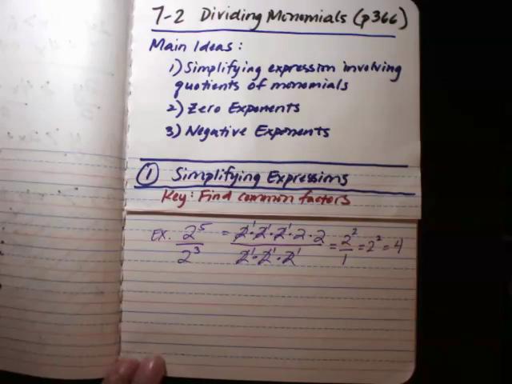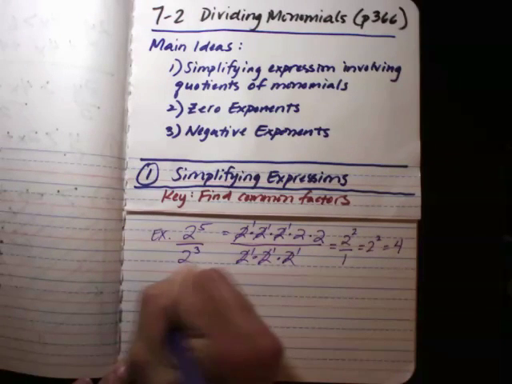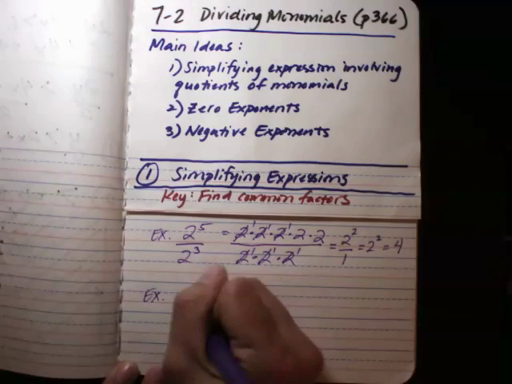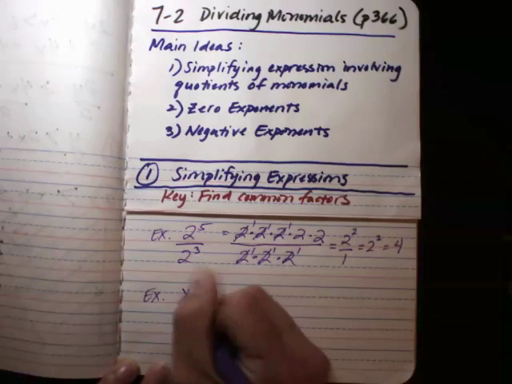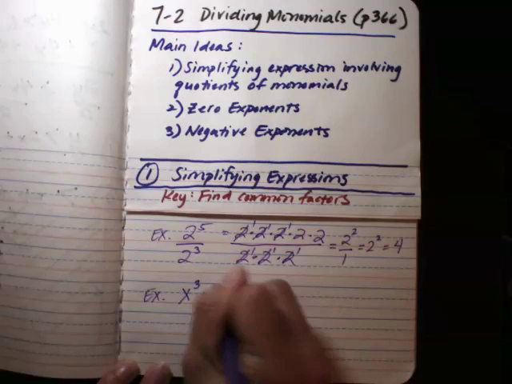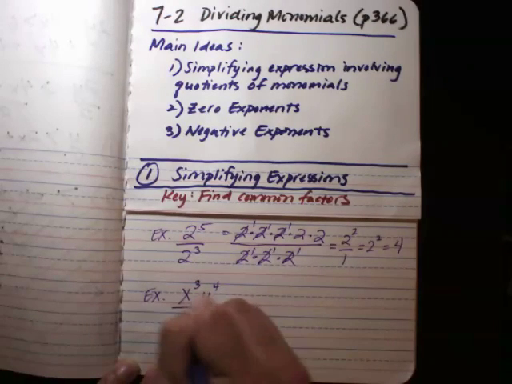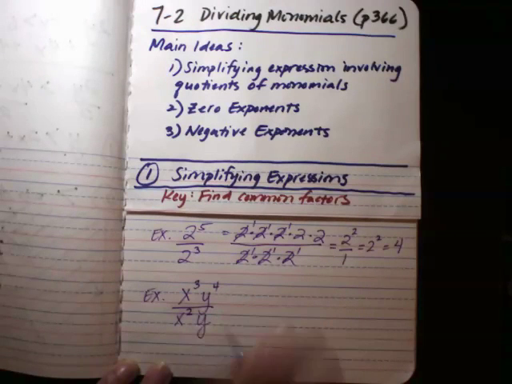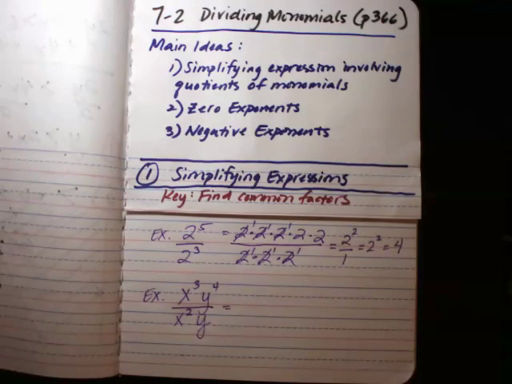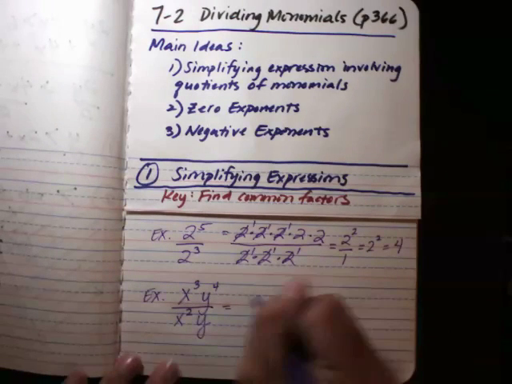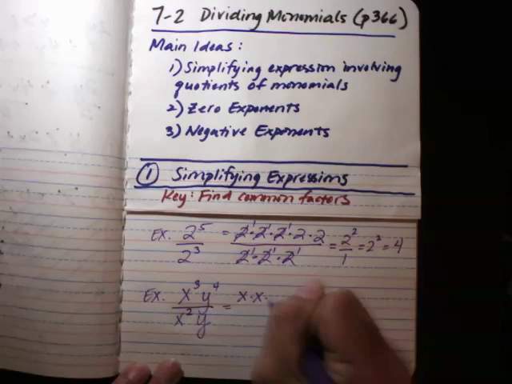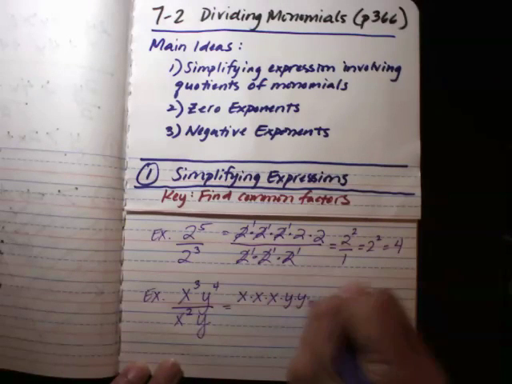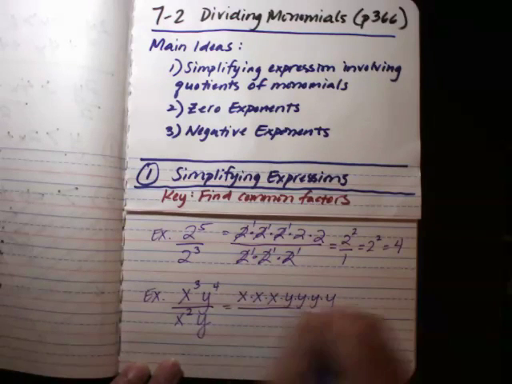Let's take a look at a second example. If you were to have x to the 3rd, we're throwing in variables now, and y to the 4th divided by x squared and y. I'll give you a second to see what you come up with. Did you get x times x times x times y times y times y times y all over x times y?